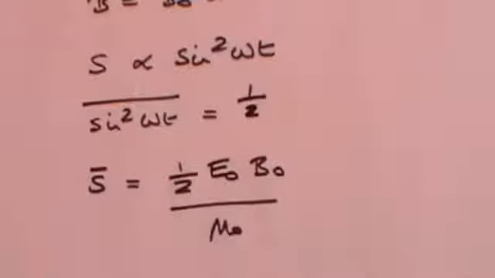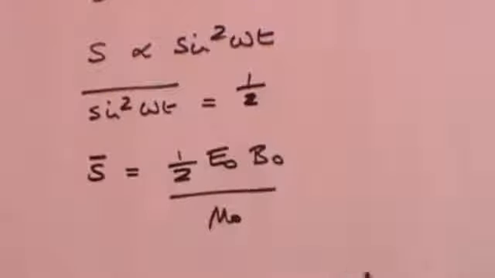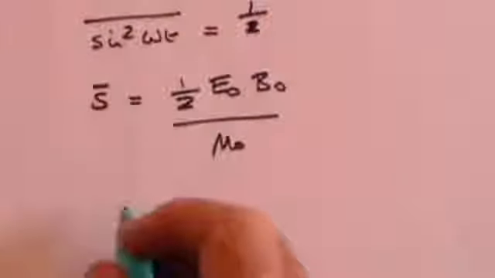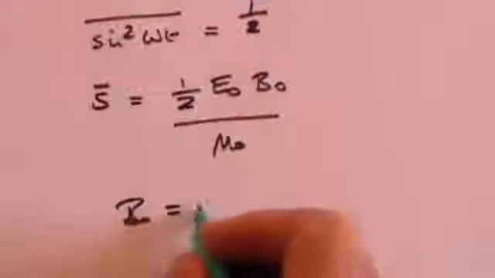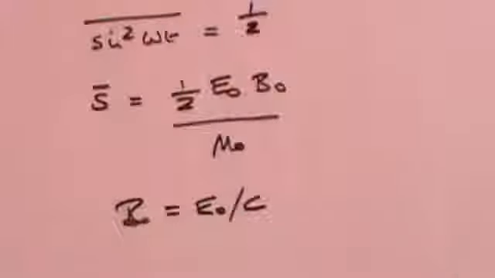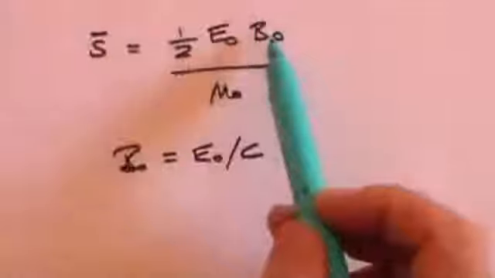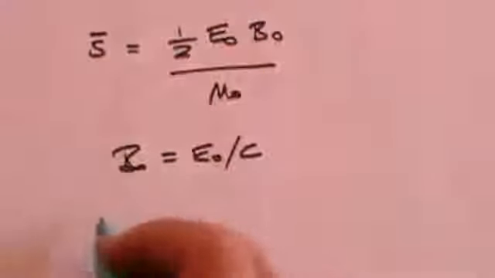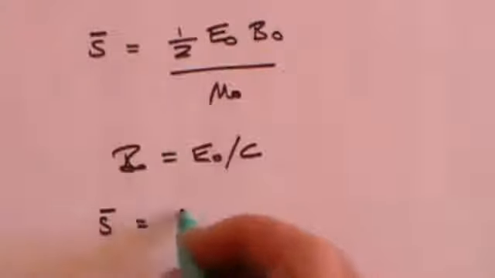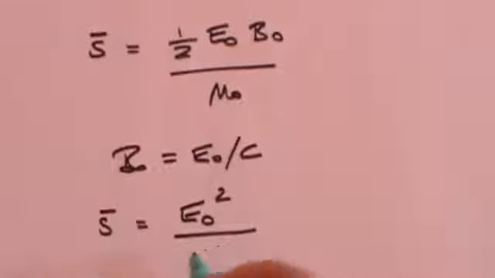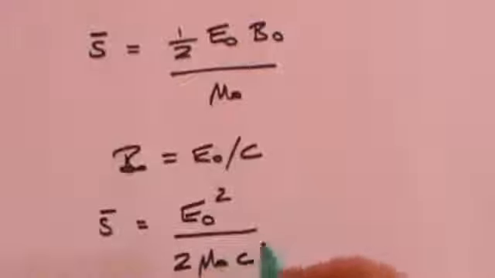of the Poynting vector. And since B naught equals E naught over c, we've used that before, we can substitute for B naught there, and we get that the average value of the Poynting vector is now just E naught squared divided by 2 mu naught c.